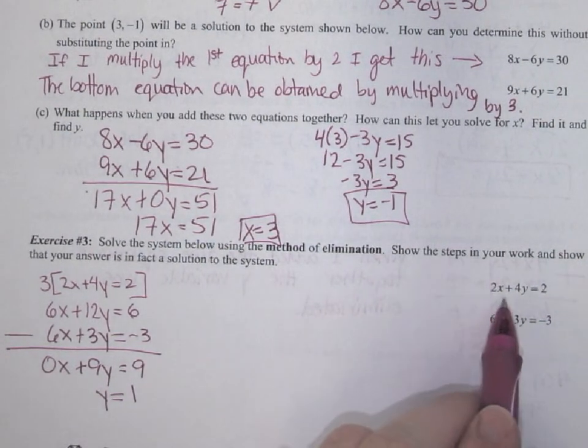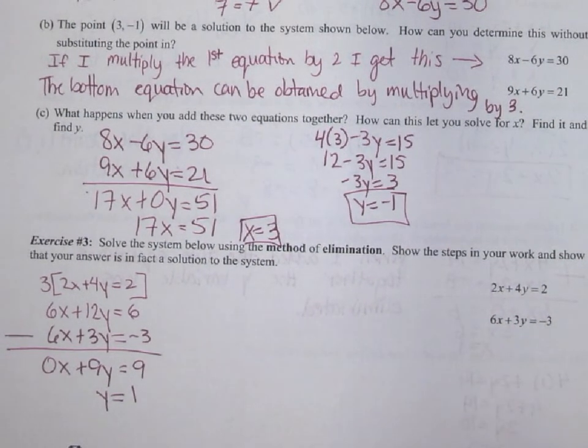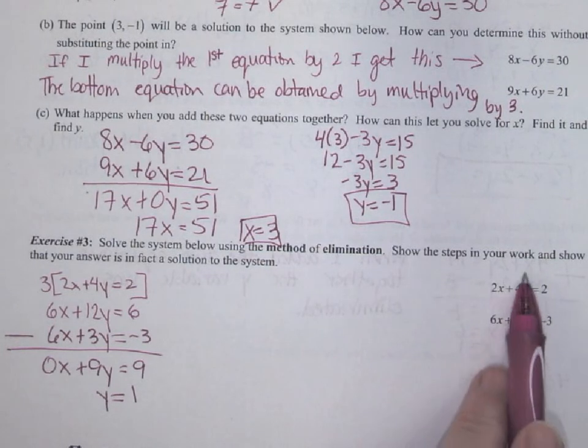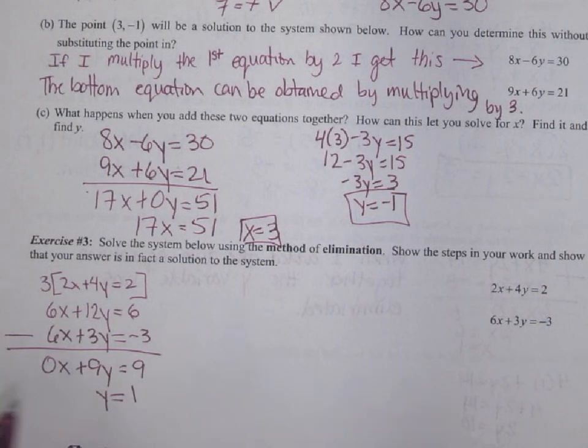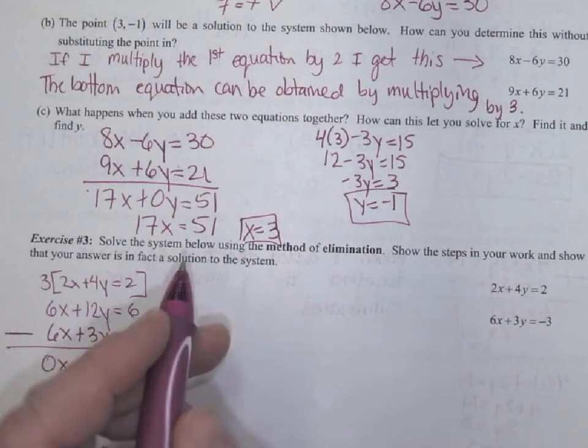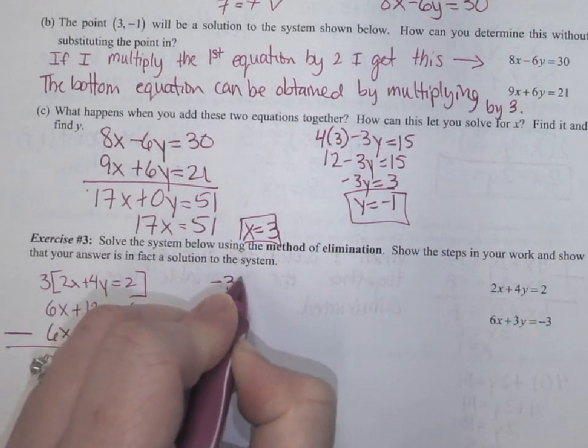Or I could multiply both of my equations to eliminate the y variable. It doesn't matter, as long as what you're doing to every term you keep consistent. You could also multiply, instead of by 3, you could multiply by -3.